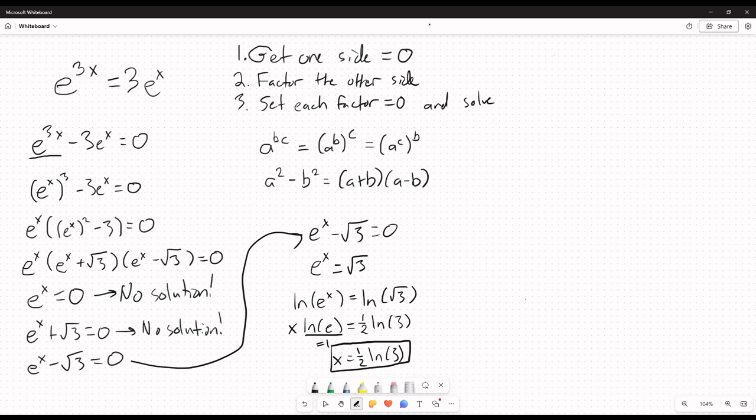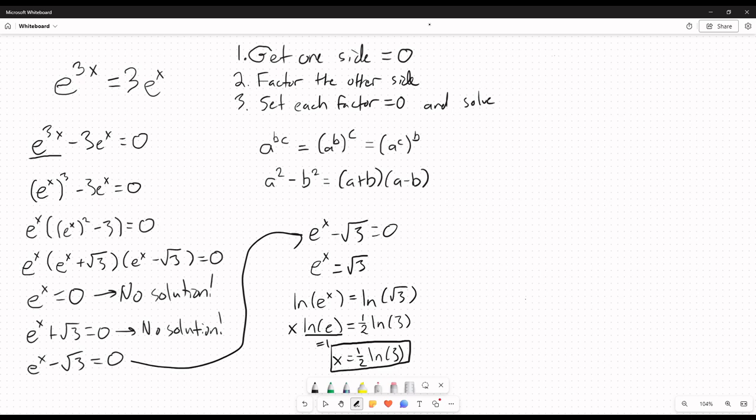As some key takeaways, we had to factor this equation and we had to use some properties of exponents to do so. Once we factored it, we had to set each factor equal to 0, but since we had exponential functions, a lot of those actually had no solution. That's due to the fact that e to the x is always positive. It never equals 0.